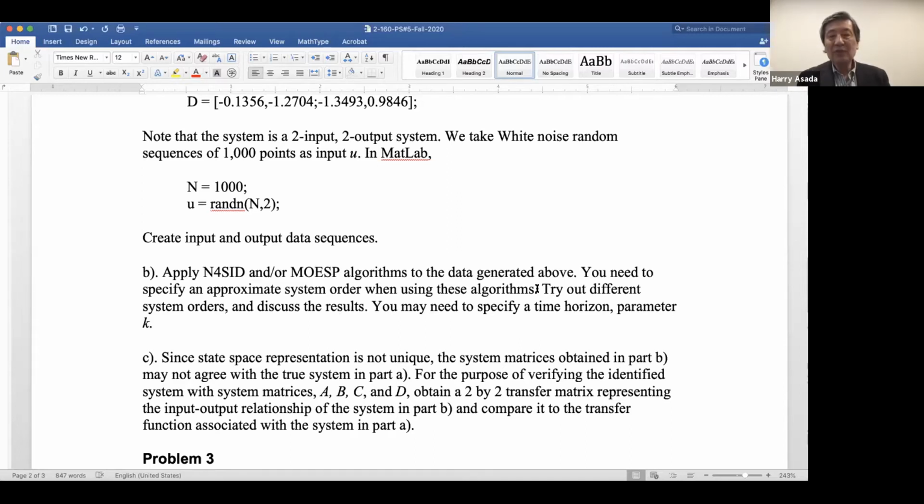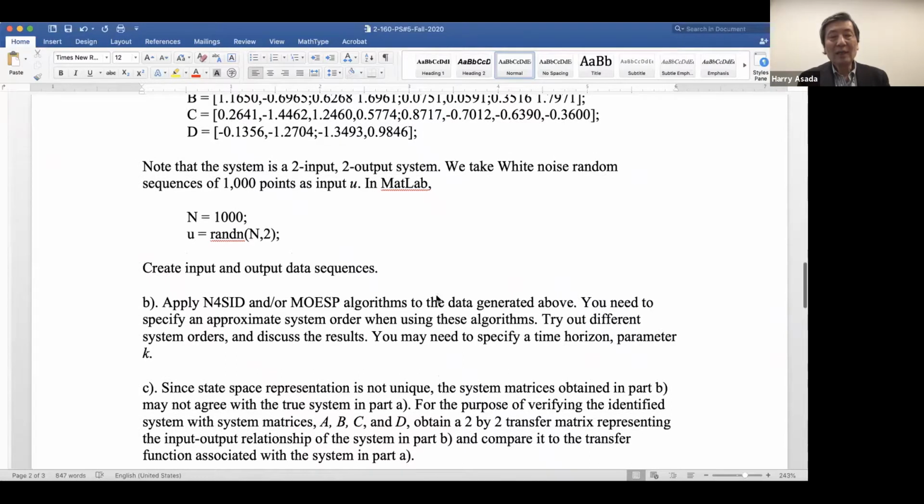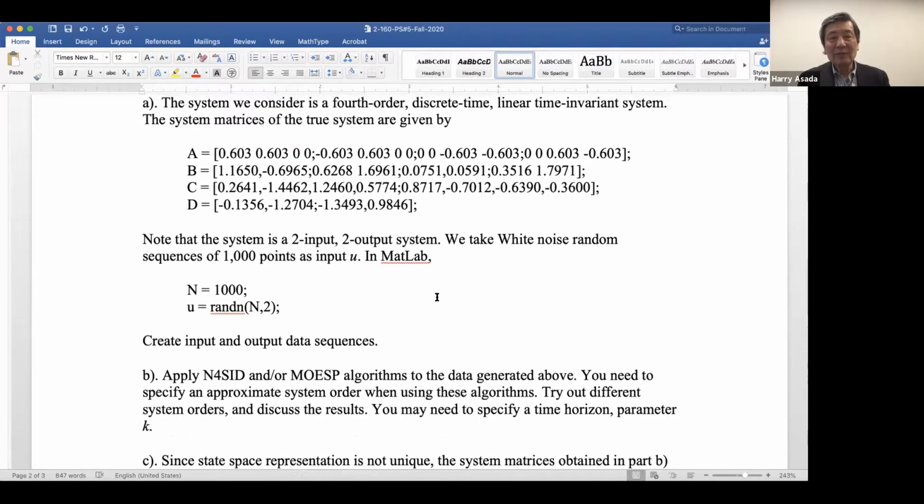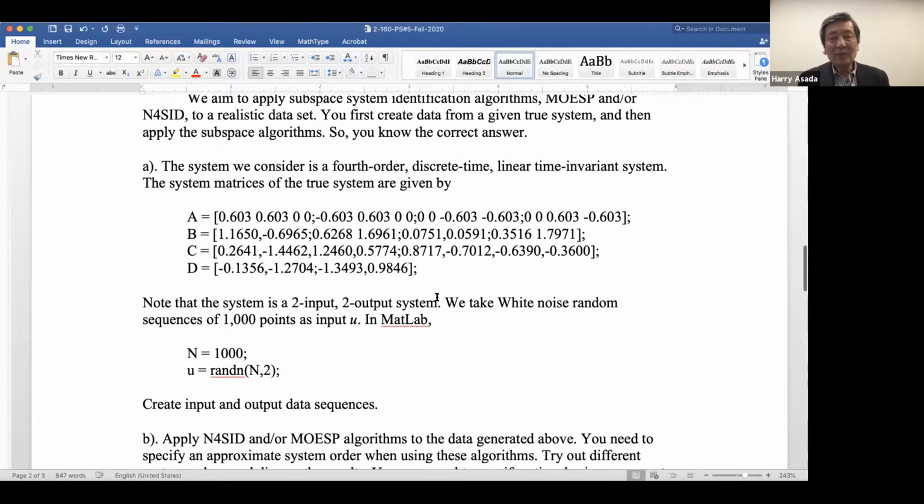A few things that you need to know. You need to specify an approximate system order, right? In a realistic system ID subspace method context, we don't know the system order, but in this case we started with A, which is a 4 by 4 matrix, so the system order is 4.